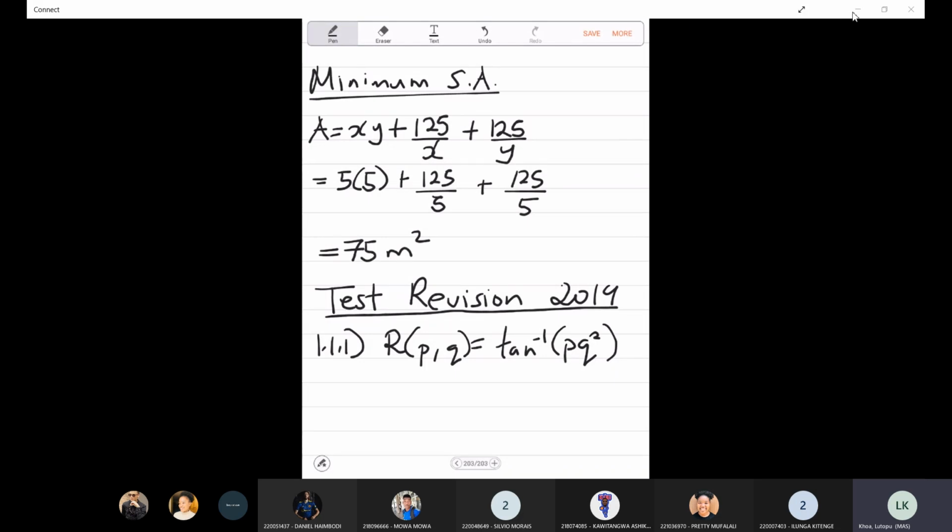Now we have to find the partial derivative of r with respect to p, as well as the partial derivative of r with respect to q. So first one.